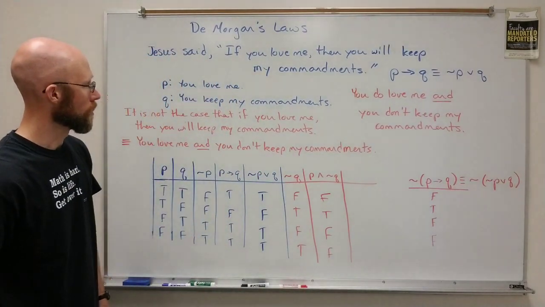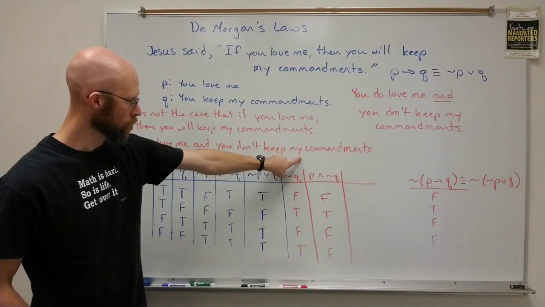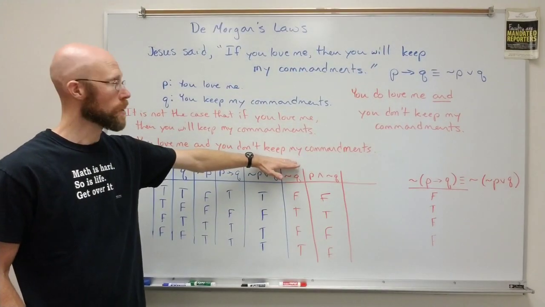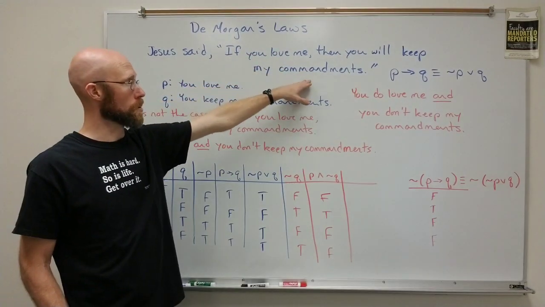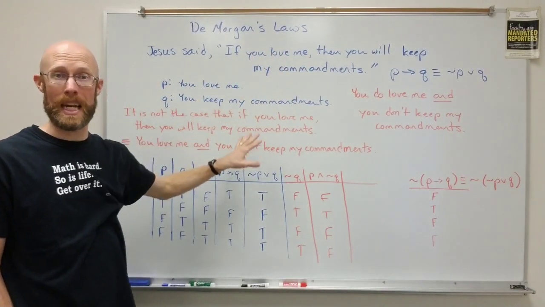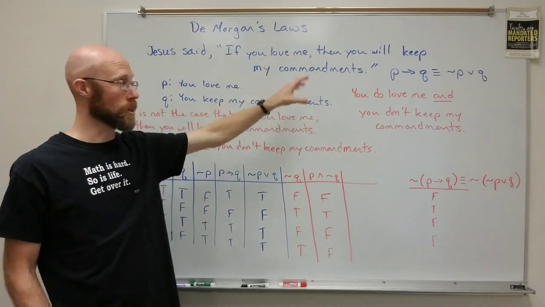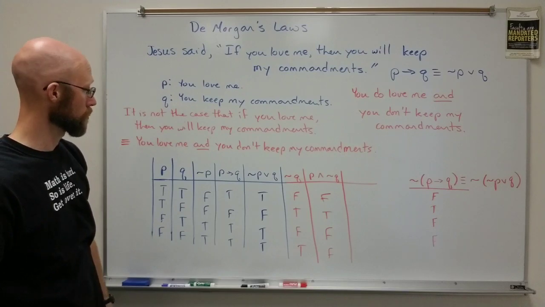Now, of course, if that could be true, if this was actually real, then that would be proving Jesus to be a liar, right? Because he said, if you love me, then you keep my commandments. So if it's possible to love him and not keep his commandments, then you'd be proving him to be a liar, which is not possible, right?